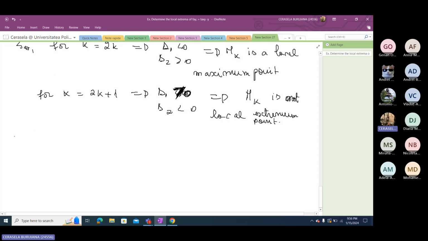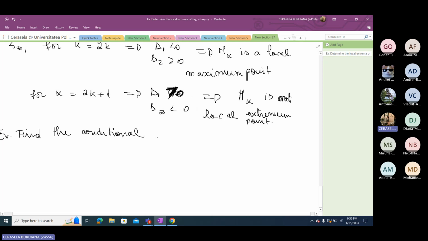It's an exercise of conditional extrema. The request is to find the conditional extrema of the function f of x, y and z.